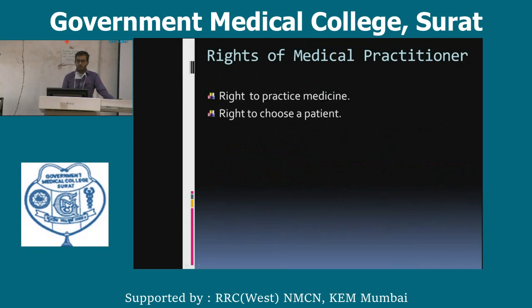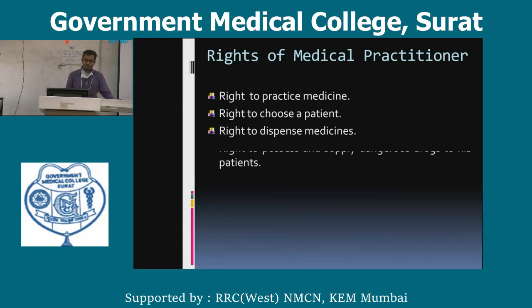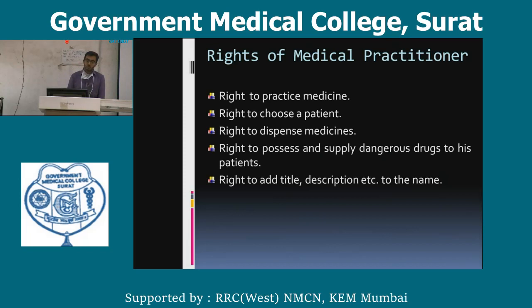What are the rights of a medical practitioner? First of all, the medical practitioner has the right to practice medicine, the right to choose a patient, the right to dispense medicine, the right to possess and supply dangerous drugs to the patient. We may know that a person has a serious disease and the treatment will be a harmful drug, sometimes a steroid drug, or for a person with cancer a chemotherapy agent is necessary.